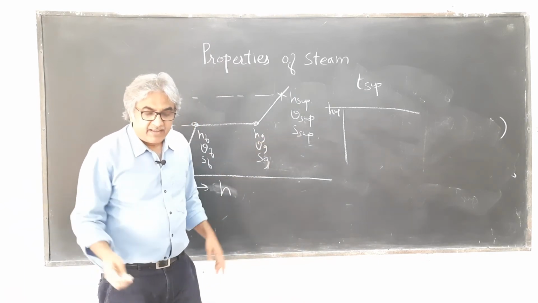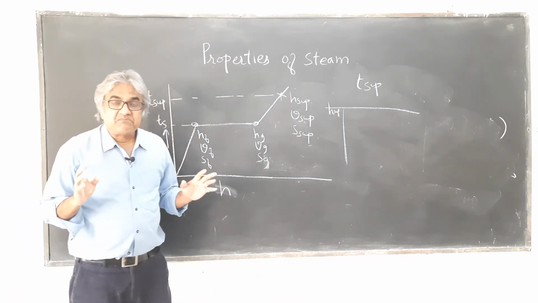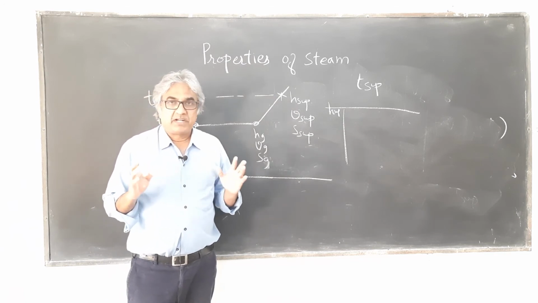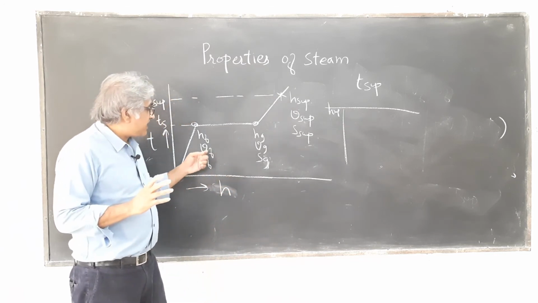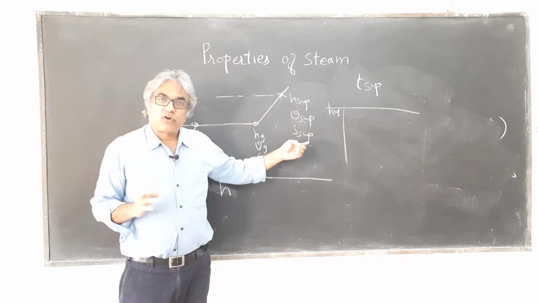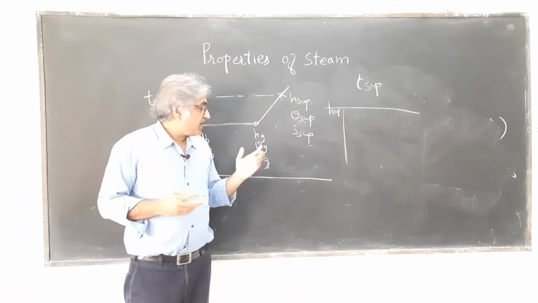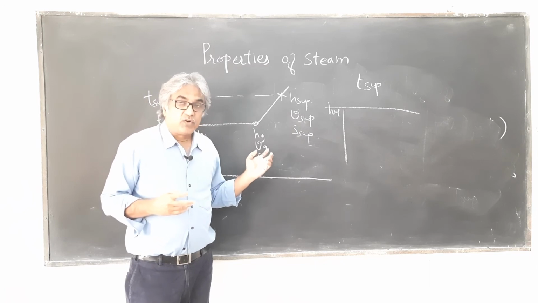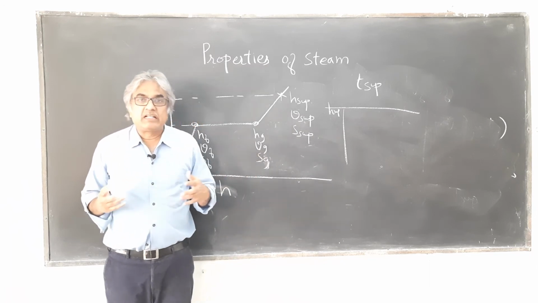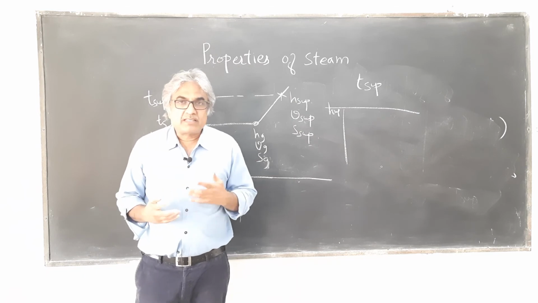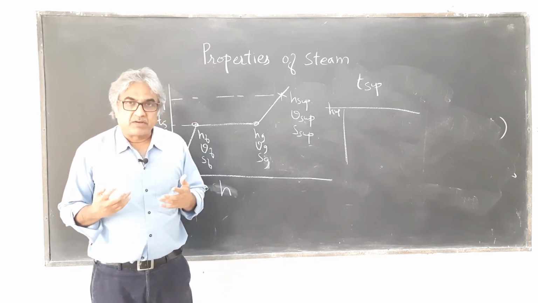This is all you require. So referring to the steam table is pretty easy, but you need to understand the meaning of all the properties, and in the absence of a steam table, how you can arrive at the values. That's required. When we solve the numericals, you will be referring to steam tables and you will get familiar with the steam table.